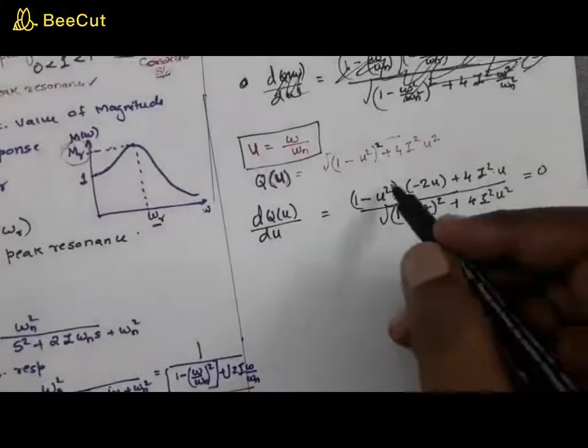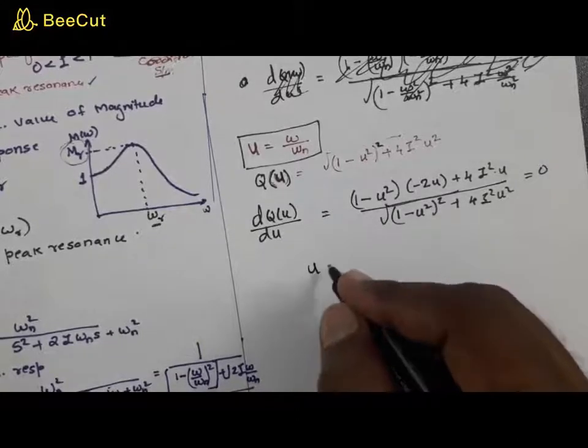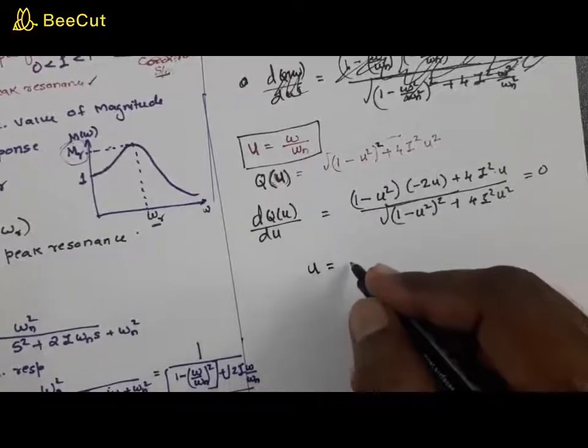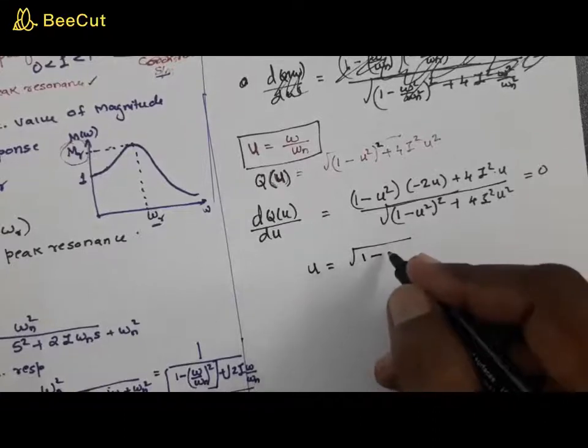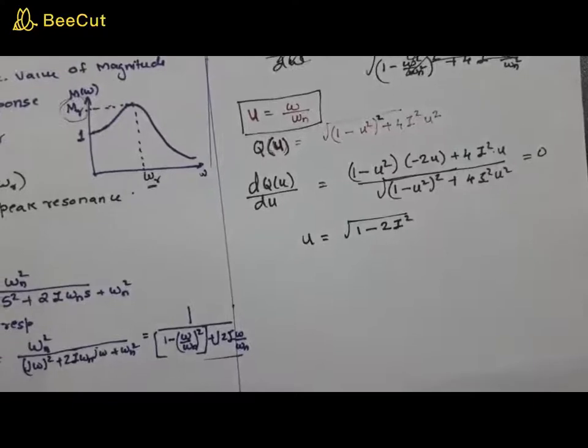That means you can equate this numerator to be equal to 0, and on solving, you will get u to be root of 1 minus 2 zeta square.